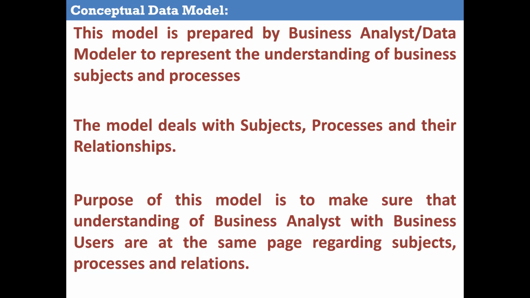If we have to find out how the customer has a relation with the city, we navigate through the sales process to the city. So this is one basic difference between OLTP and data warehouse, or you could say the ER model and the dimensional model. The day you understand subject, process, and their relationship, modeling becomes very easy.